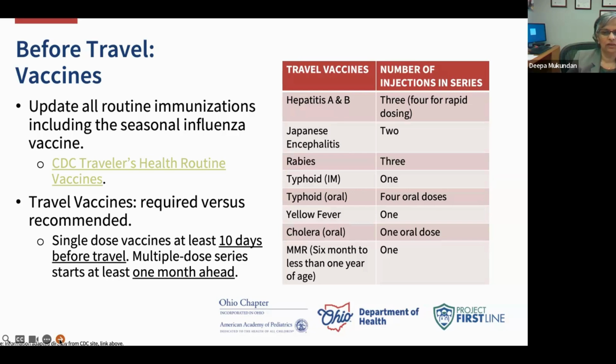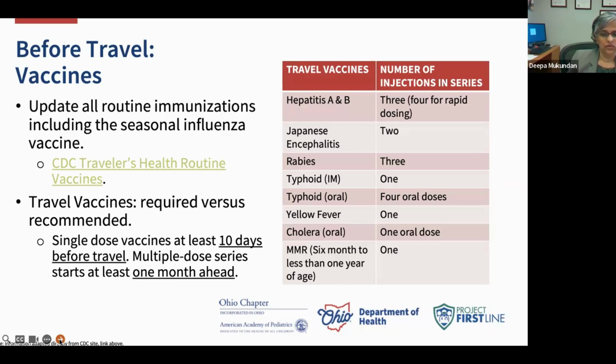In this table, you see the travel vaccines and the number of injections. Now, this is the reason why we have you come at least 4 to 6 weeks ahead of your travel.